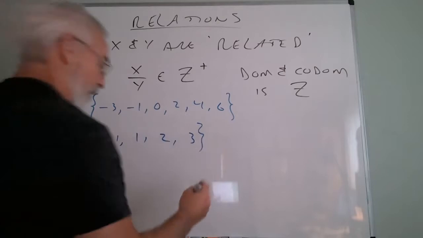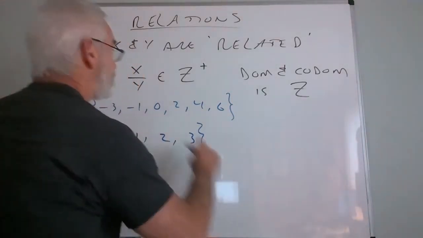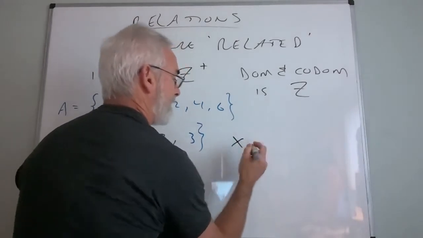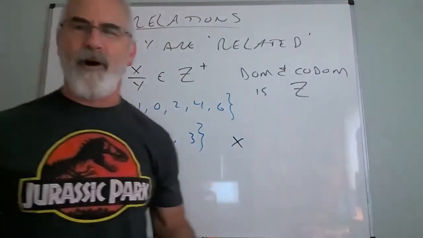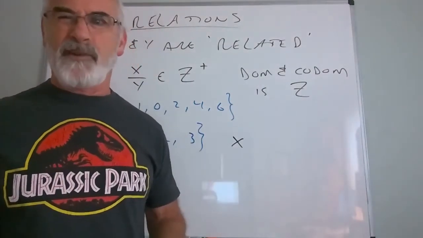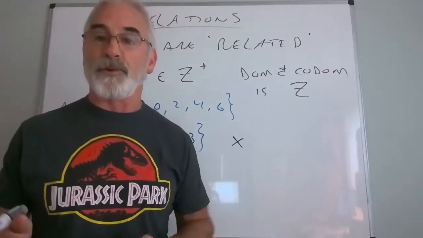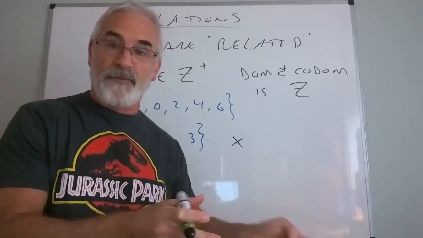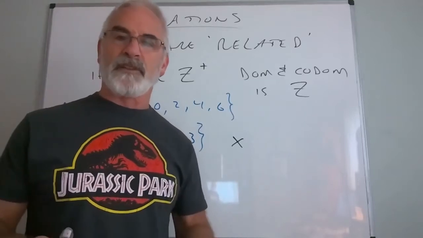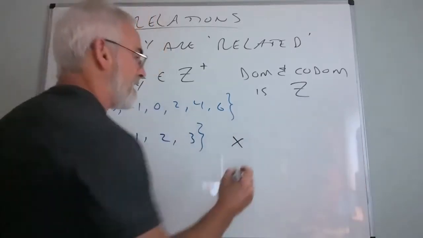So let's say, now we're going to formally define the relation. So we'd say it this way. X, and we often use capital R. I don't mind because R for relation, but we also use capital R for real numbers. And generally when we're using a capital R, we make it a script R if it's real numbers. So sometimes I'll use a different letter. So let's say we're using the letter T, just so we don't get confused.